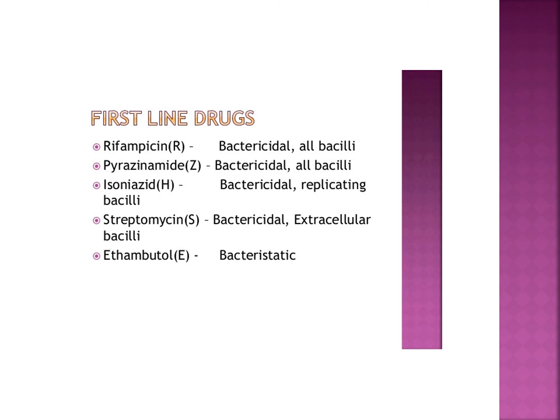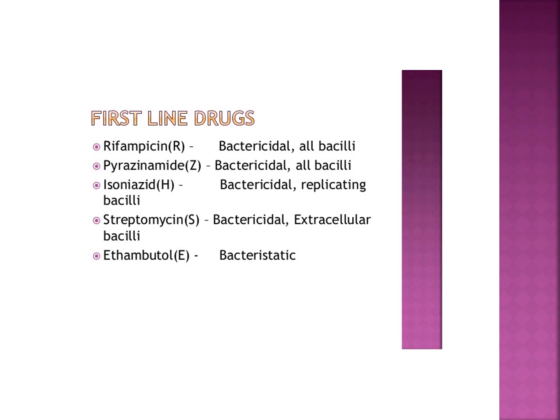Isoniazid and rifampicin are the treatment of choices in the first line of treatment, and isoniazid inhibits the synthesis of mycolic acid, resulting in disruption of bacterial cell wall. But we need to remember that we should give pyridoxine 25 to 50 milligram orally once daily to avoid chances of peripheral neuropathy due to isoniazid.